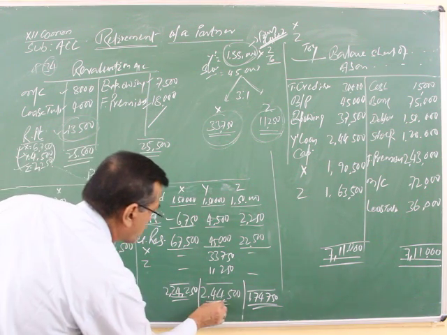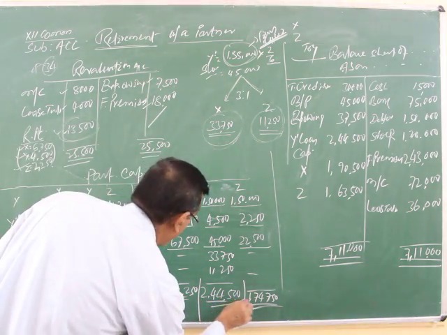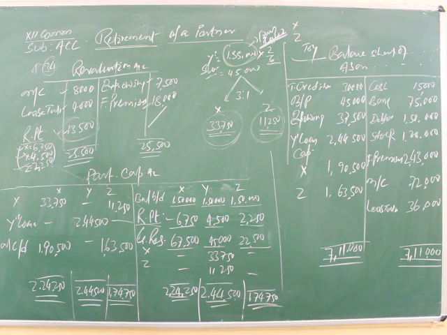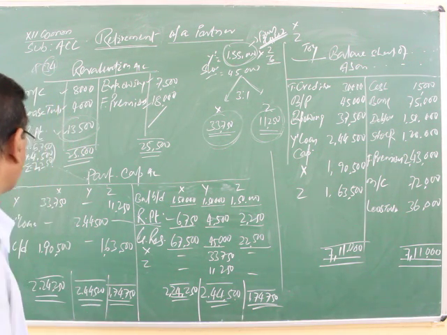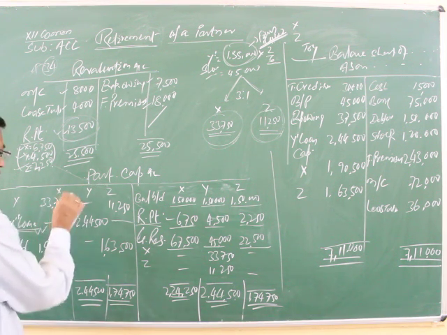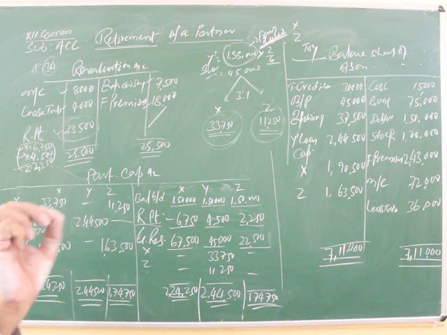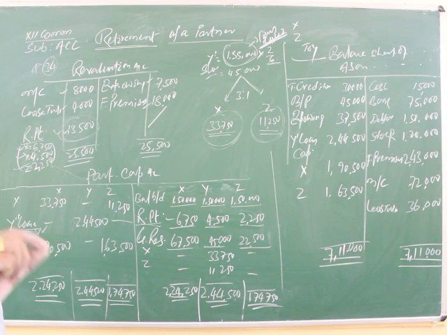Very simple, 2,44,500. And this 2,44,500, if the question is silent, will be transferred to the retiring partner's loan account. There may be a mode of payment: it may be given partly payment through the bank, partly payment in cash, partly an accepted bill.